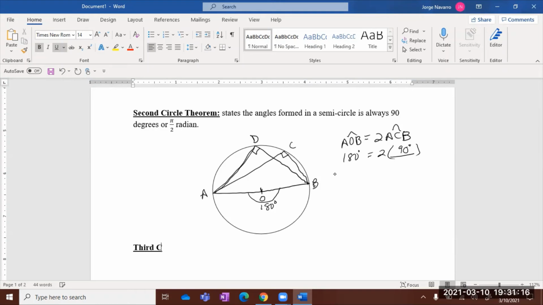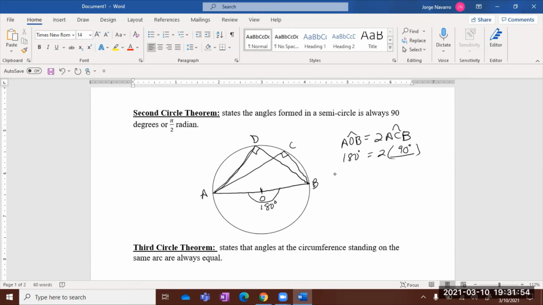Third circle theorem, right? And it states that angles at the circumference standing on the same arc are always equal.